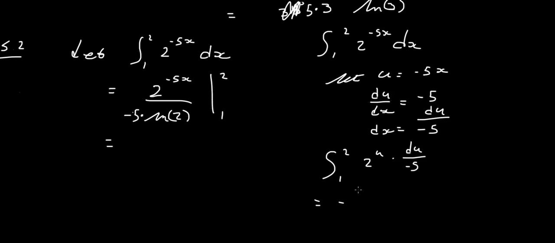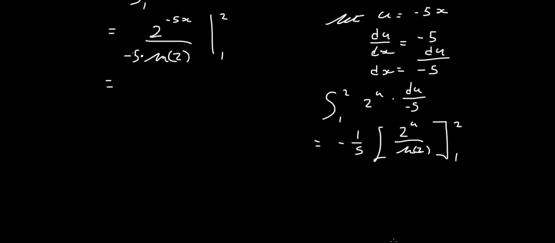which is equal to negative 1 over 5, the integral of 2 to the u is 2 to the u over ln 2, from 1 to 2, right?